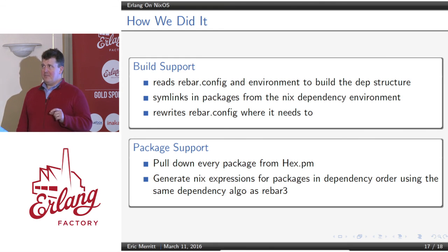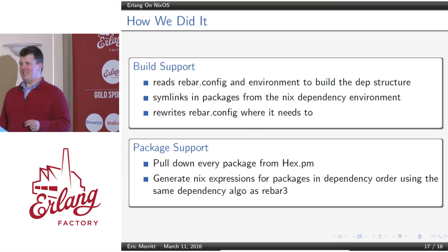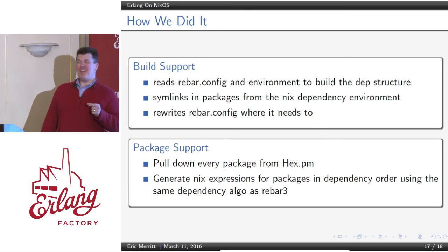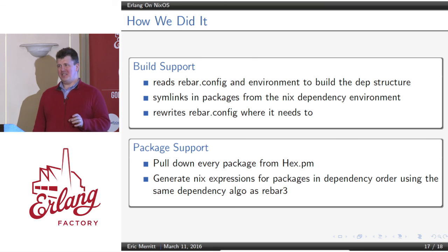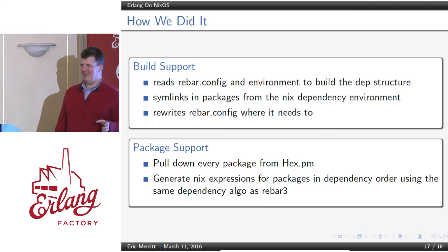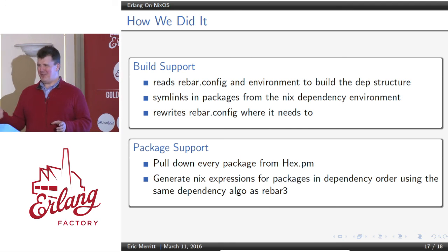So we have the somewhat unfortunate problem that Rebar 3 really, really wants to own the dependencies super badly. It doesn't want to give those up for anything. So we have to do some things that kind of trick Rebar 3 into thinking that it has owned the dependencies and it's already pulled them down. And then we still had to go and patch Rebar 3 to force it to never pull down dependencies.